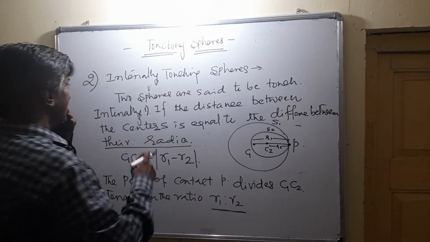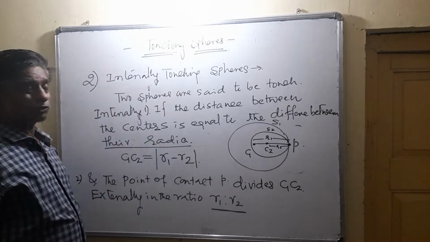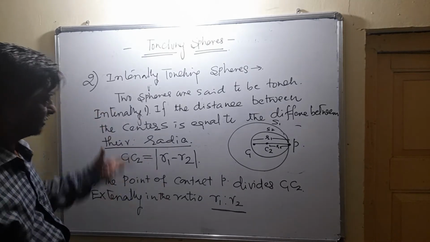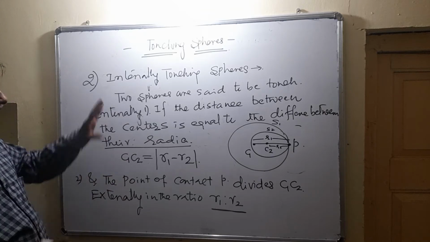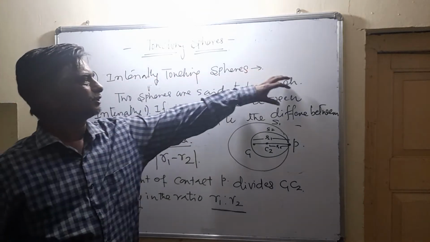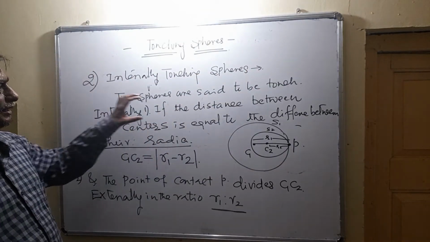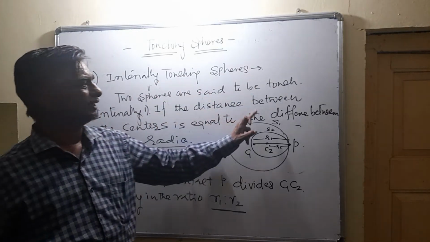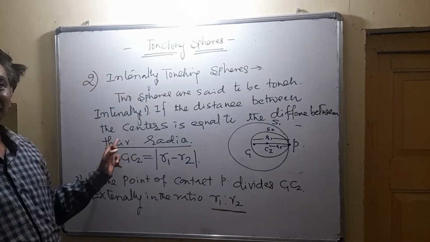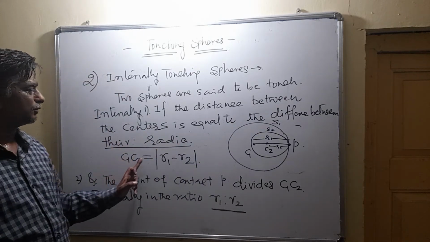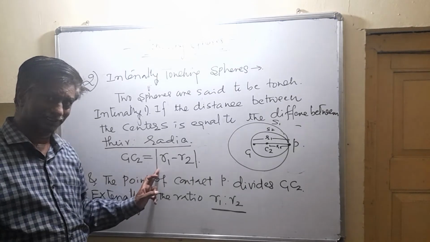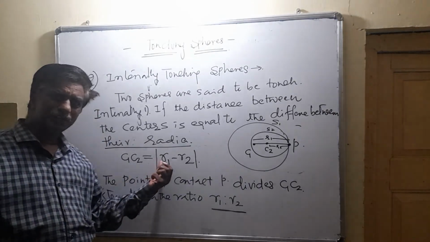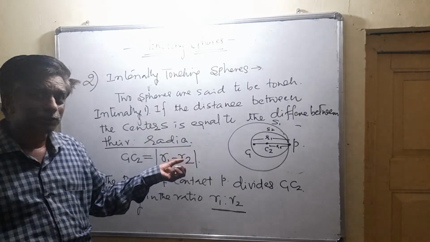Two types of spheres: one is externally touching, another is internally touching. Shall I repeat? Two spheres are said to touch internally if the distance between the centers is equal to the difference between their radii. C1C2 equals modulus of R1 minus R2. Why am I putting modulus? Sometimes R1 is bigger, sometimes R2 is bigger.